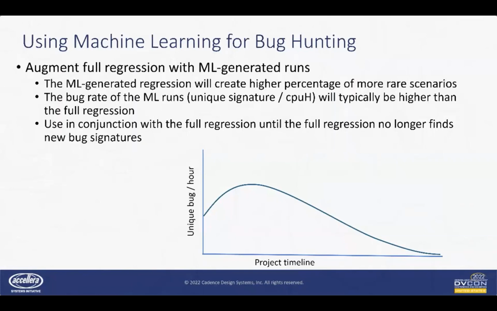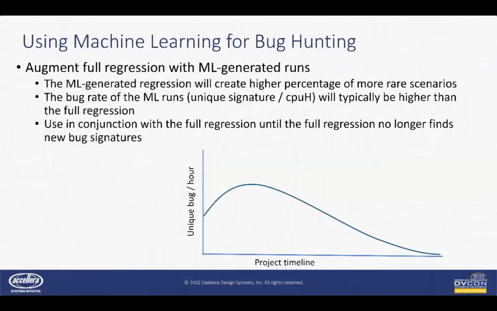The typical exposure rate will have a graph something like this. It's obviously going to be different for every situation, but it starts at some level, goes up to some peak bug rate, bugs are fixed, things are changed, the design stabilizes, and then over time it becomes a verification effort to hit harder and harder bugs. Eventually the bug rate gets low enough that you say, okay, it's time to tape out, right? This is our normal way of doing things.